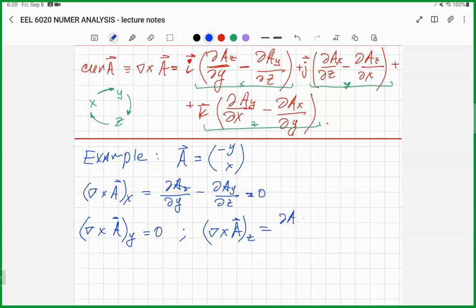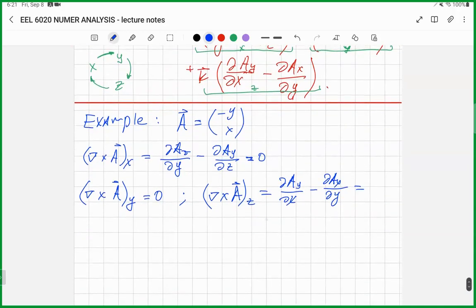Let me write it step by step: dAy/dx minus dAx/dy, right? dAy/dx, the y component is here, x, so it's going to be 1, and minus minus 1, so it's going to be 2.